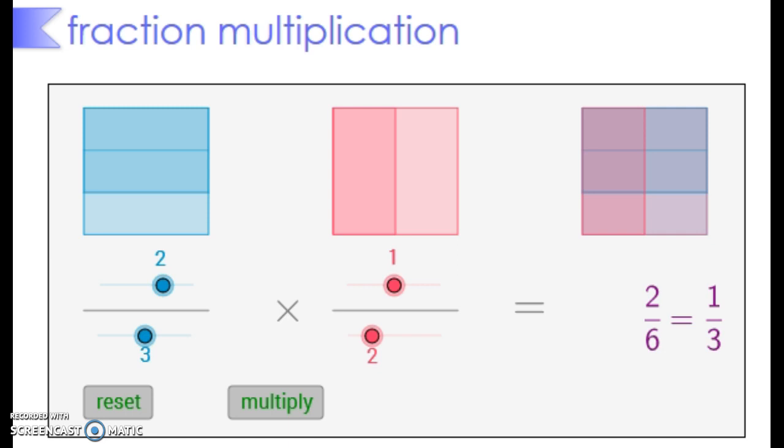We know that our denominator is 6 by counting each of the small boxes inside the square. We know that our numerator is 2 because it has two overlapped colors in the box. This is how we get 2/6.